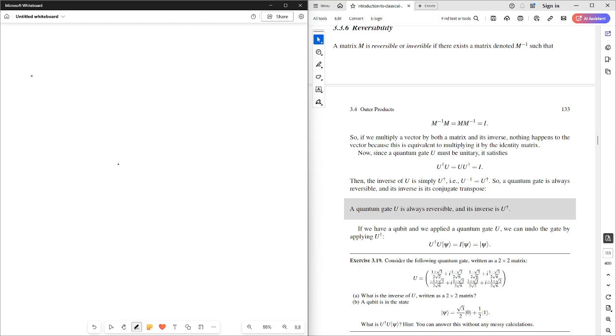So in matrix terms, matrix M is reversible or invertible if we can find the inverse of it, such that when we multiply M times its own inverse, we get the identity matrix, or these can be switched, it's equivalent.